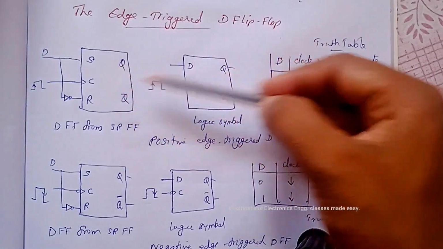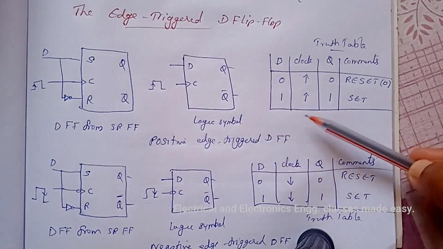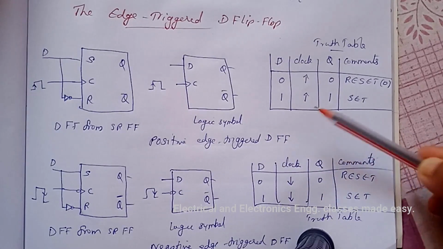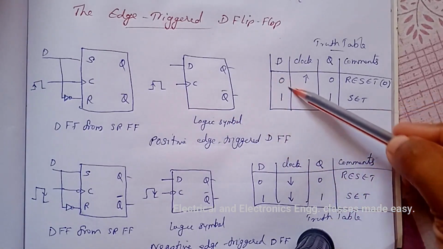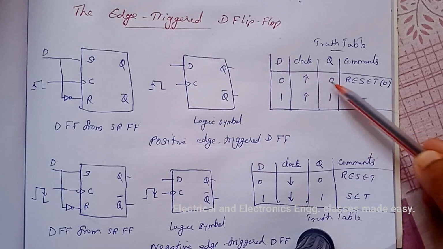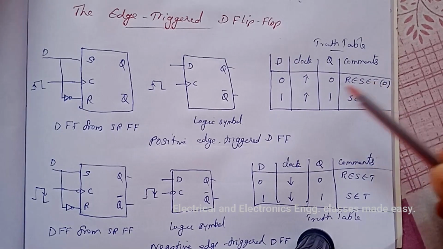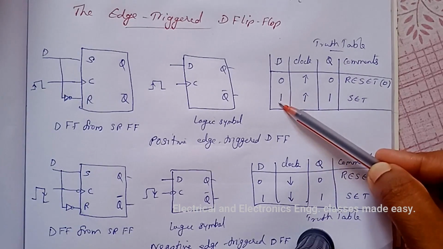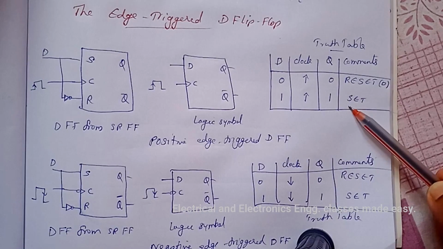And this is the logic symbol and truth table for the positive edge triggered D flip-flop. Here, if D is 0, then Q is equal to 0, that is the reset state. And if D is 1, then Q is equal to 1, that is the set state.